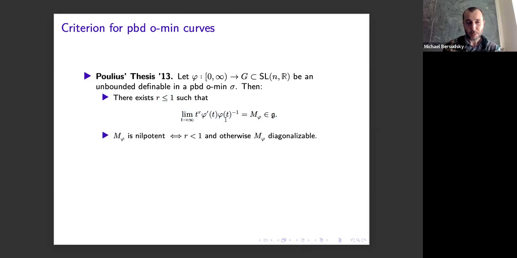This matrix will be nilpotent if and only if r is smaller than 1. Otherwise, this matrix is diagonalizable.